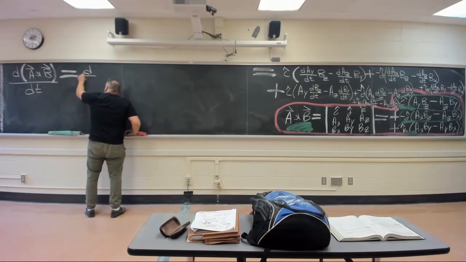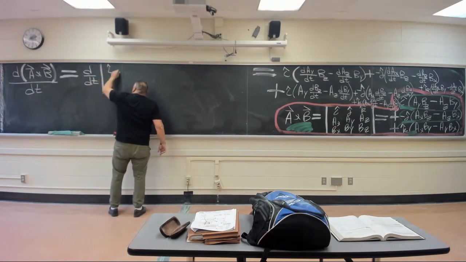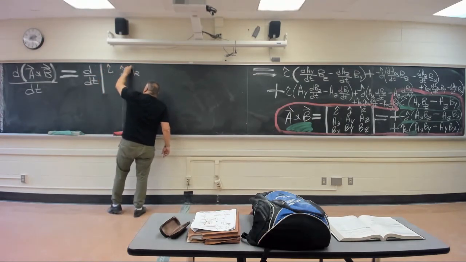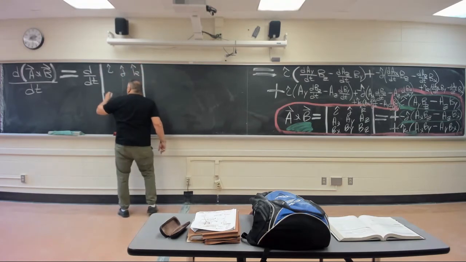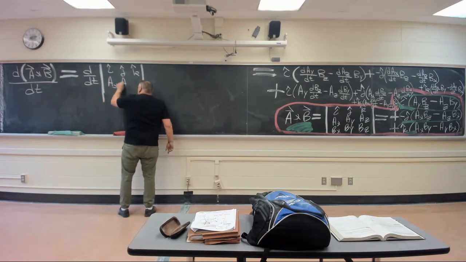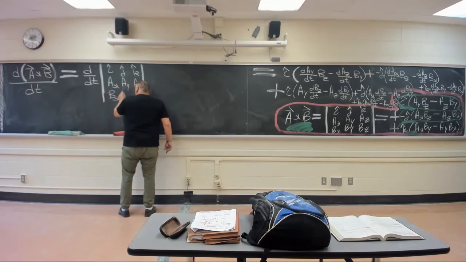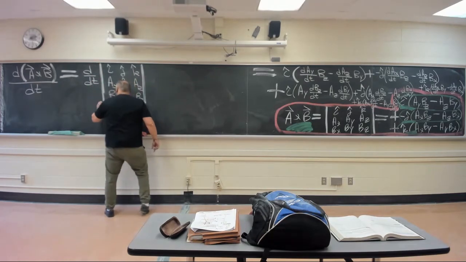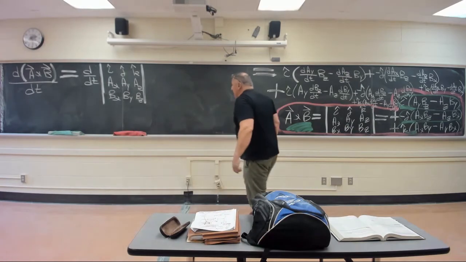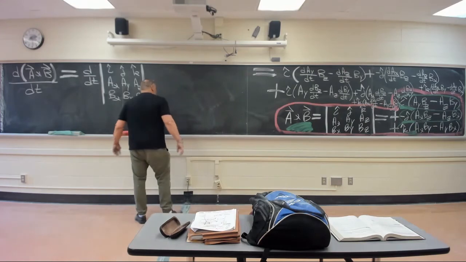You're going to take d dt of what we know A cross B is. Yeah, we're going to confirm that is what it is. That's for sure. Now let's find out what that is.